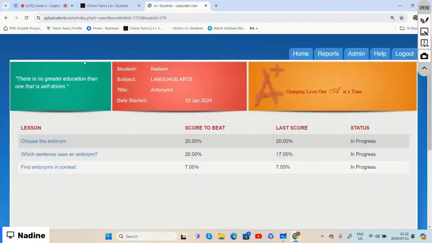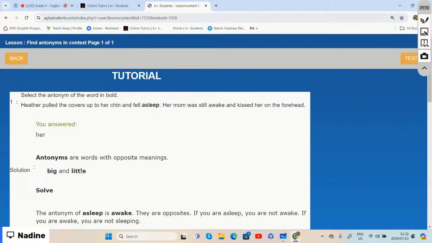We are now going to find antonyms in context, right? And of course, we said antonyms are words with opposite meaning, right?